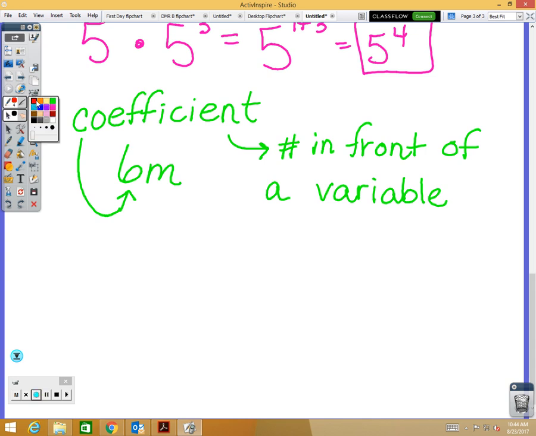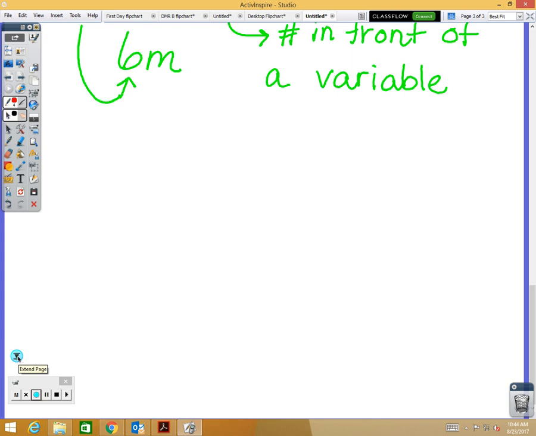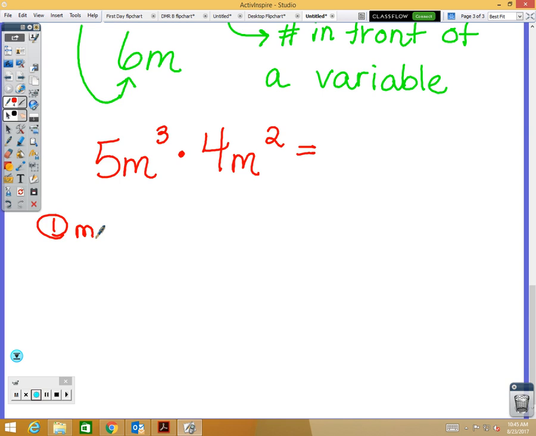So let's say we had 5m to the 3rd power times 4m to the 2nd power. Now before we were just doing m to the 3rd times m to the 2nd. We didn't have coefficients. So we have this extra step now. And this is where we are going to multiply. We're going to first multiply our coefficients.